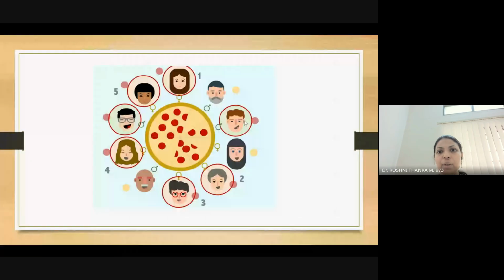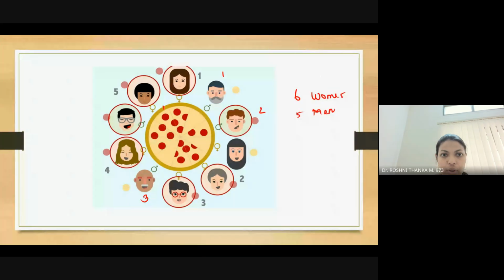Let's take a scenario. Here there is a group of 10 people. Out of these 10 people, 6 are women and 4 are men. You can count it: 1, 2, 3, sorry, 4 only, right, out of 10.